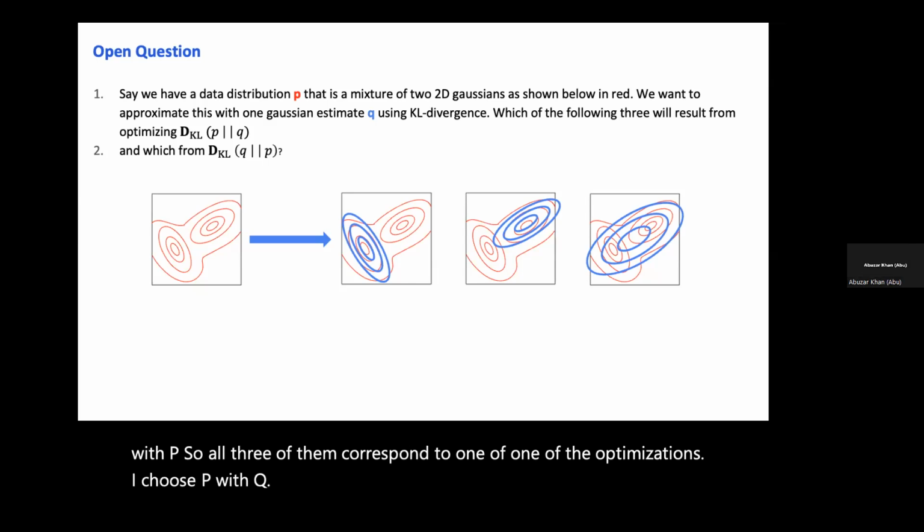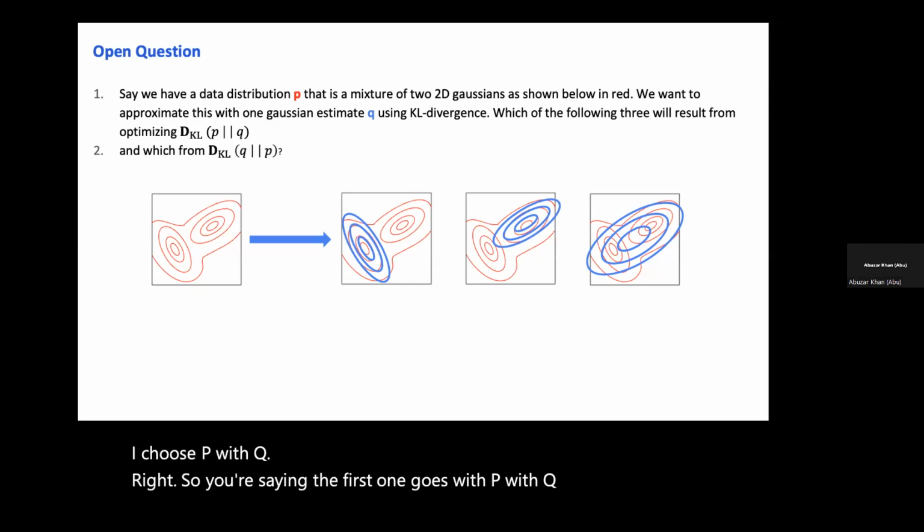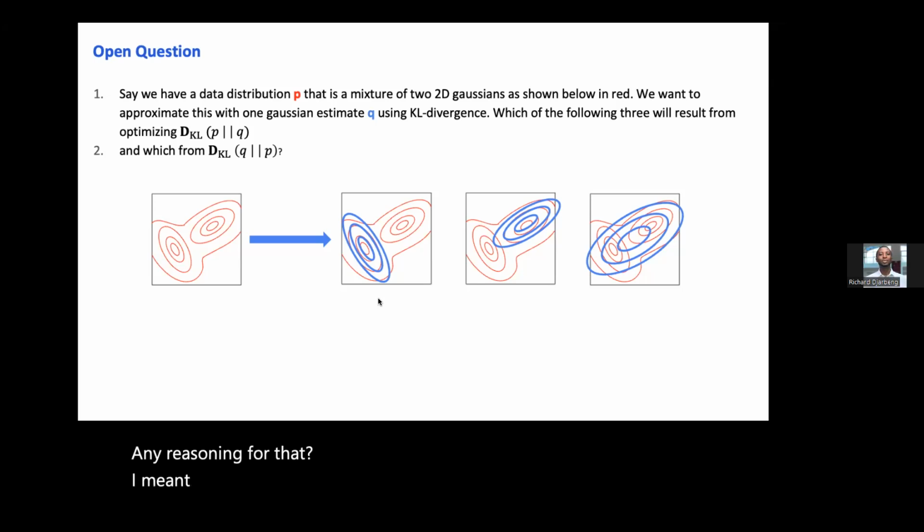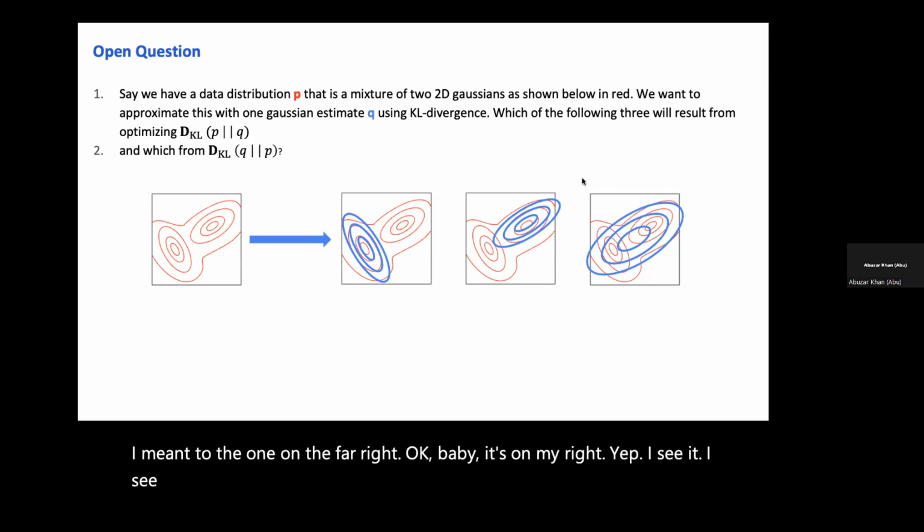So you're saying the first one goes with P with Q. Any reasoning for that? I meant the one on the far right. Okay, maybe it's on my right. Yeah, I see it. Yeah. So by reason, why would you say that?